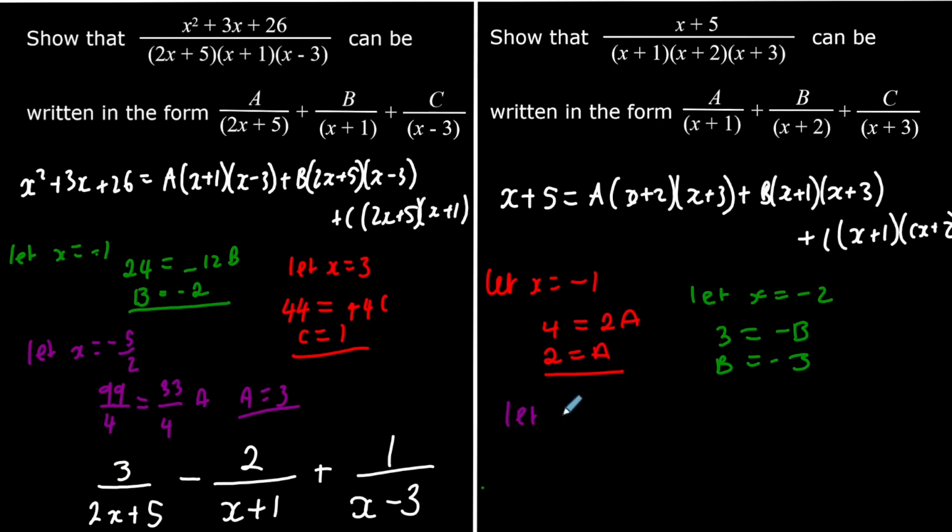And let x equal negative 3. So we'll get 2 equals, a and b are gone this time. So we've got negative 2 times negative 1, which is 2. C must be 1.